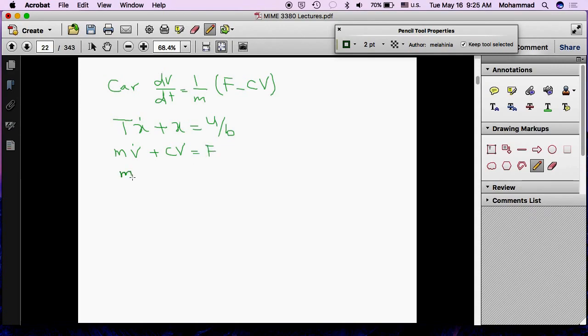So m over c v dot plus v is equal to 1 over c times f. So the time constant is equal to?